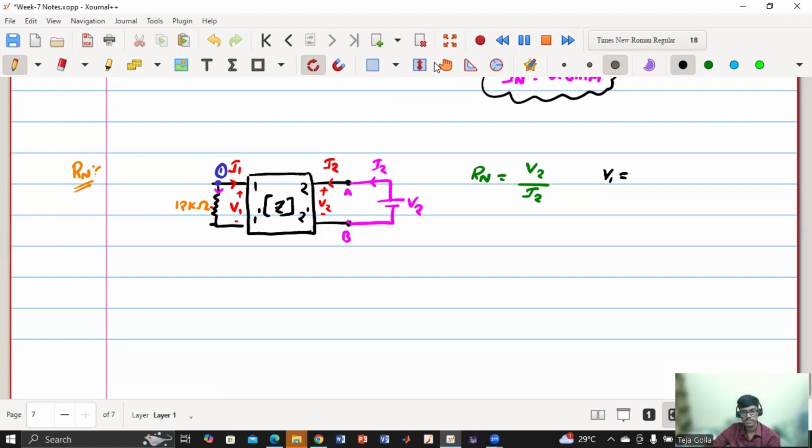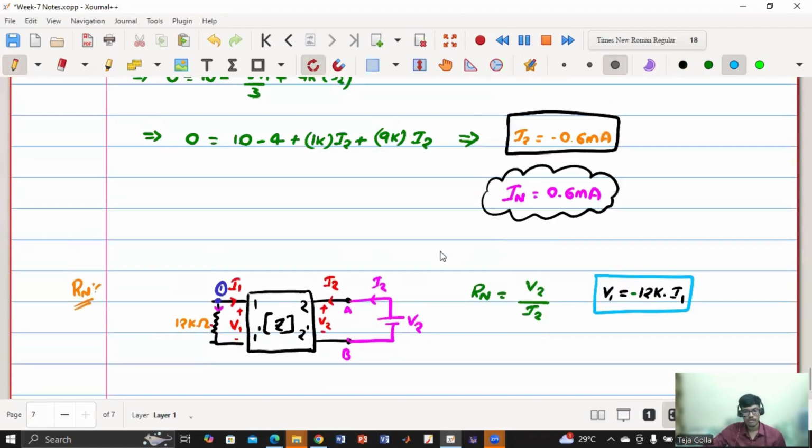Anyone? So 12K into I1, right? But kindly note that there will be a minus sign because the polarity of I1 is the other way. So minus 12K into I1. So now I have V1.